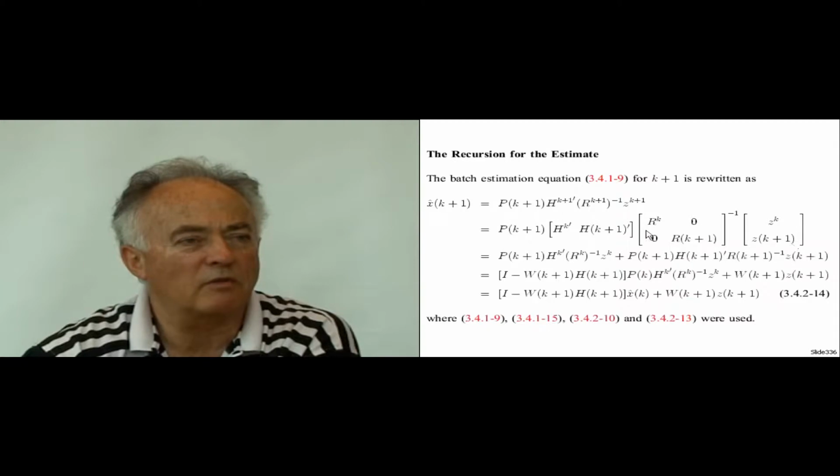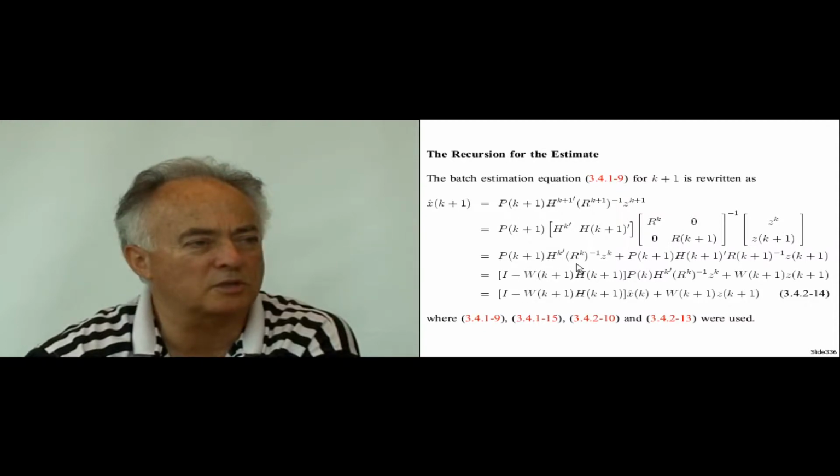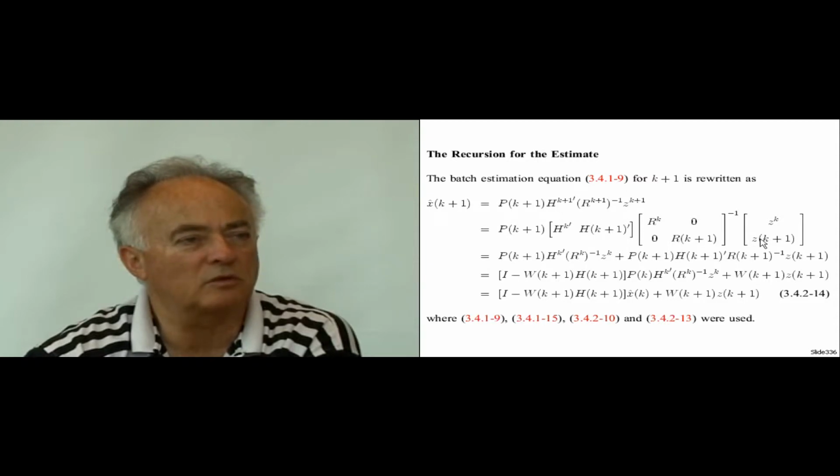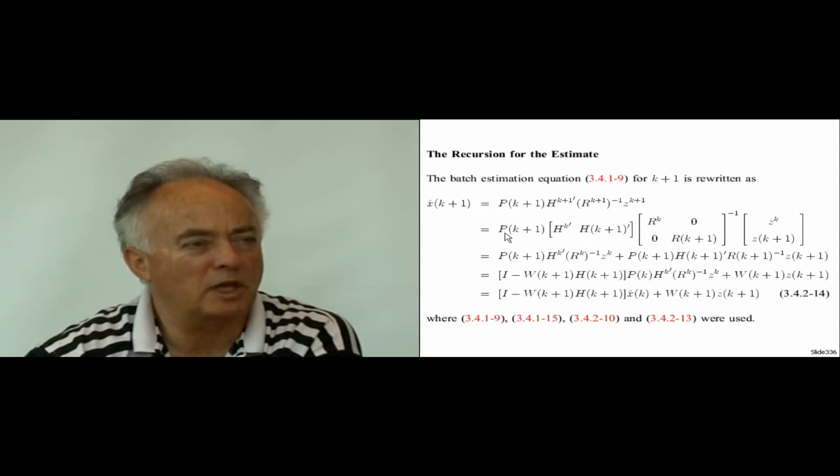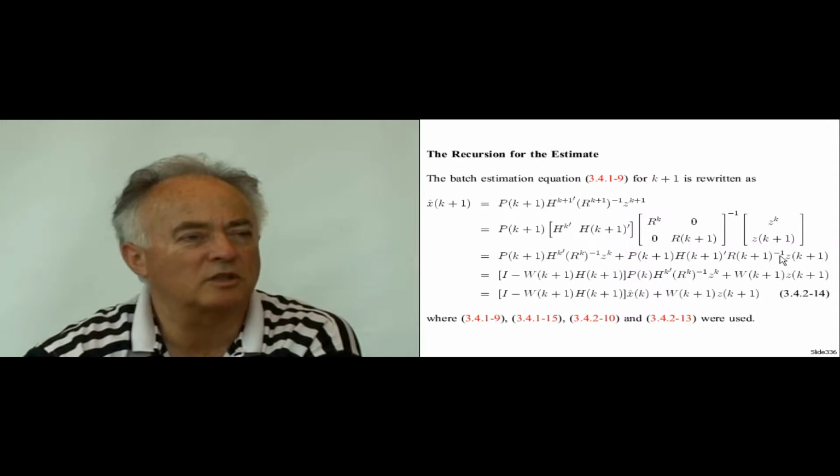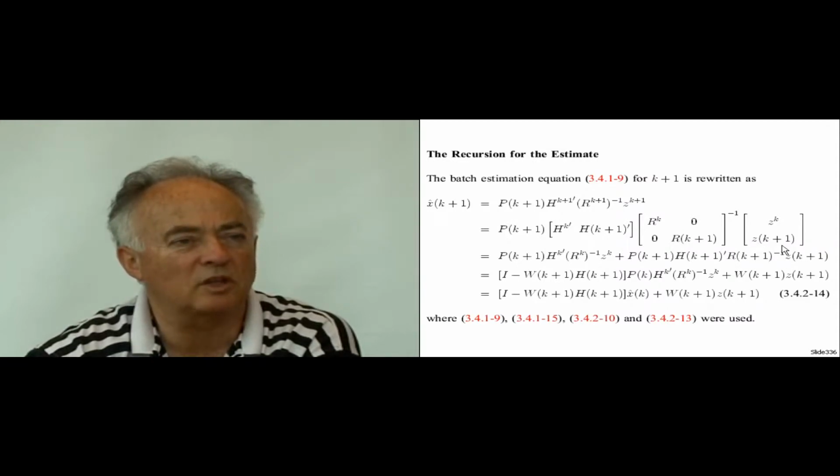Again, we have this multiplication that can be carried out very easily. The first term with the first term here yields P_{k+1} H^k transpose R^k inverse z^k. The second term with the second term, premultiplied by P_{k+1}, is P_{k+1} H_{k+1}' R_{k+1} inverse z_{k+1}, with a transposition here obviously.